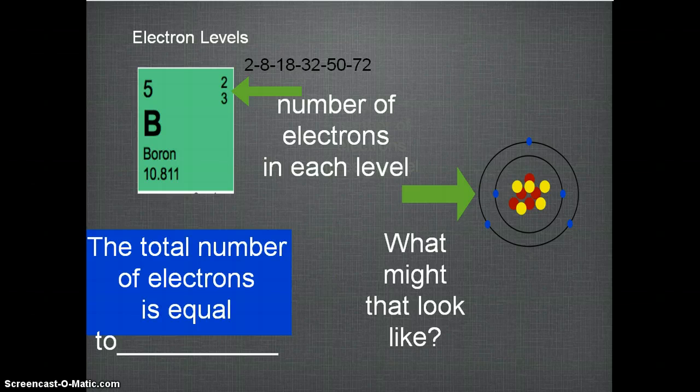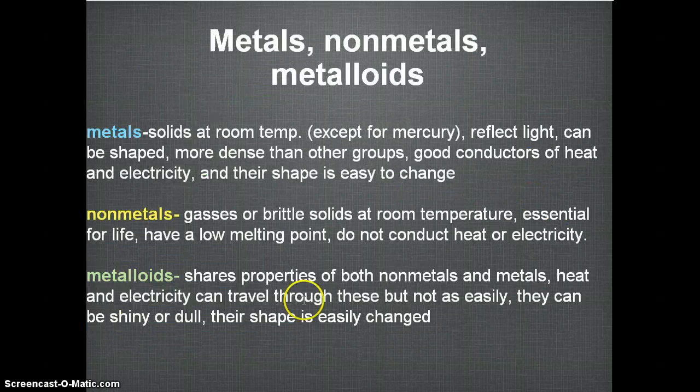Moving on. Okay, 3 groups or 3 families. We have metals, nonmetals, and metalloids. In order to achieve a level 4, you're going to have to know these groups and families and know some characteristics. Okay, so metals. Metals are solid at room temperature.